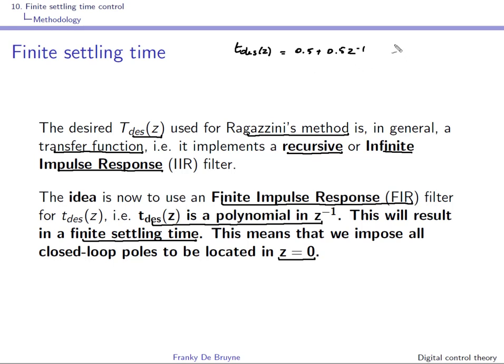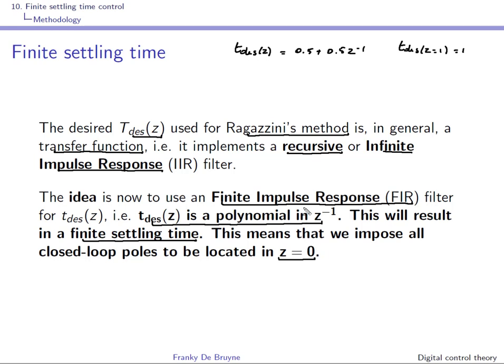We have to make sure, of course, as in Ragazzini's method, that the static gain, which is this polynomial evaluated in z is equal to 1, is 1, and here this is clearly the case. We can show that this has a finite impulse response.